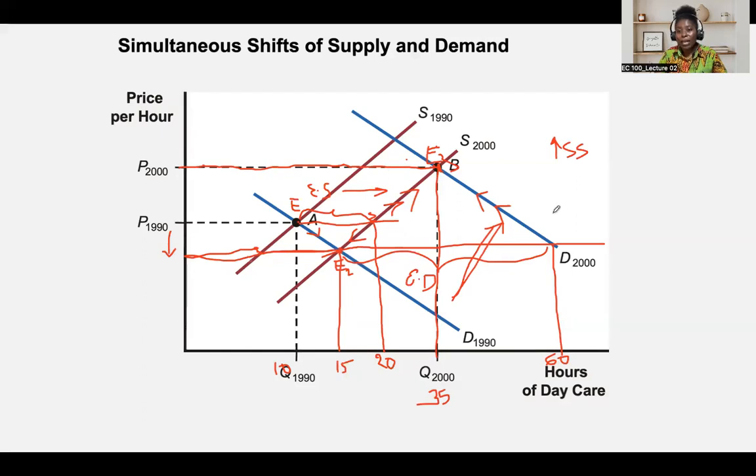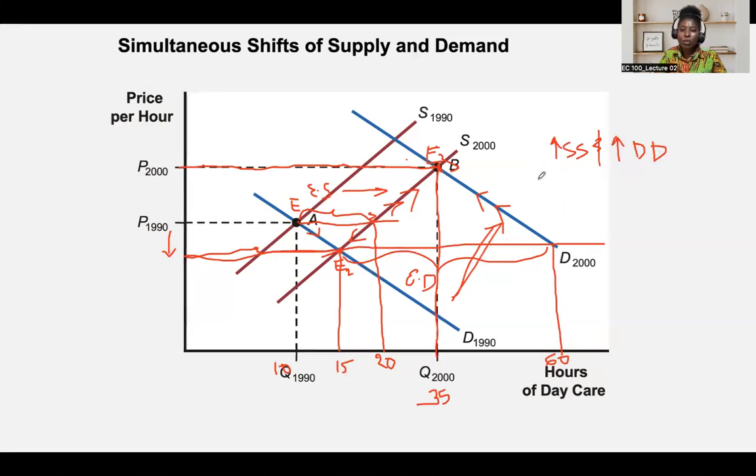The shift in supply is to the right, which means there's an increase, okay? And then there is an increase in the demand curve, a rightward shift, all right? So both are increasing.